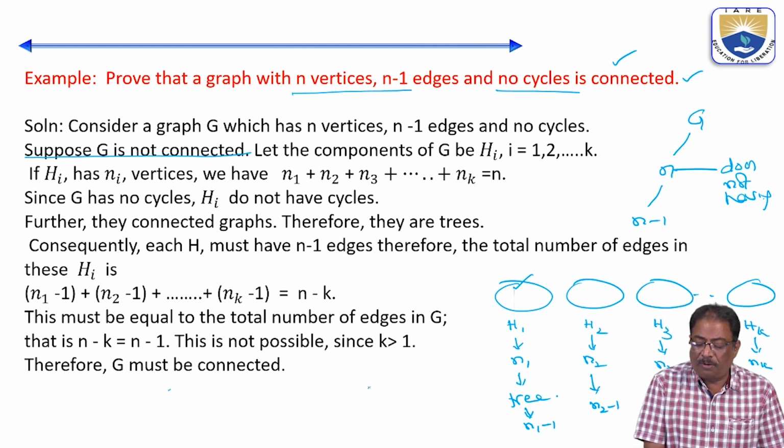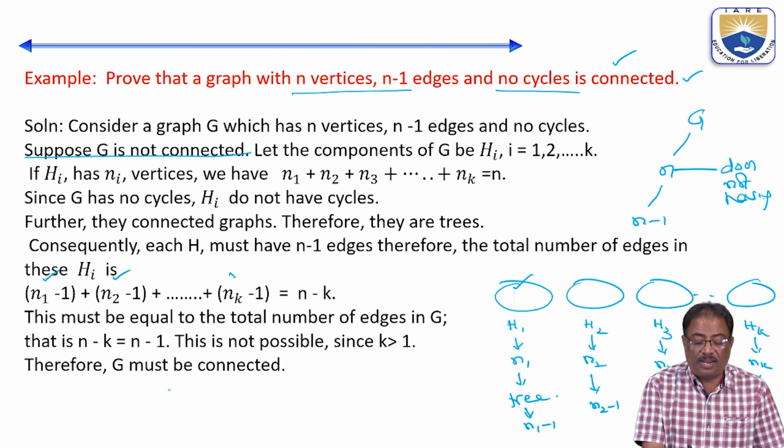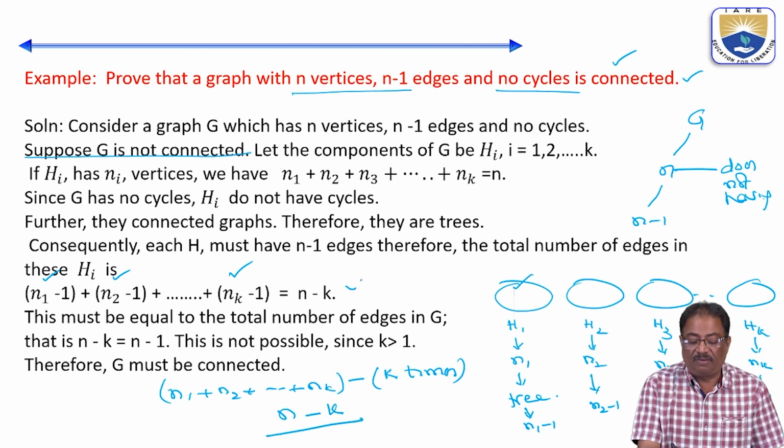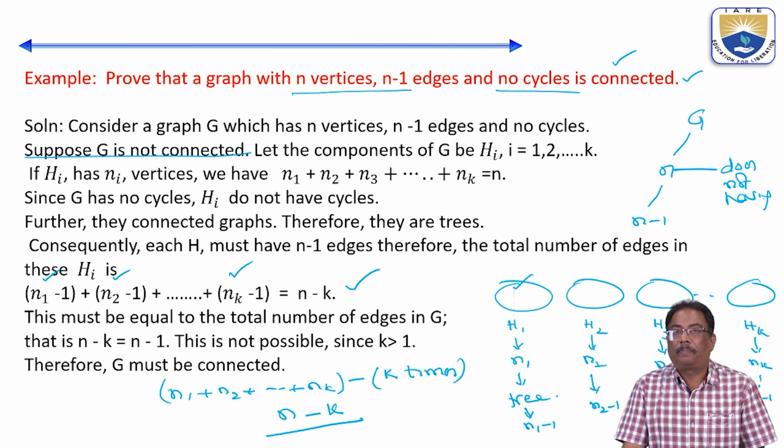N1 minus 1 plus N2 minus 1 and so on plus NK minus 1, which is N1 plus N2 plus and so on plus NK, minus 1 repeated K times. That sum is the total number of vertices, N, and the minus is K. So it becomes N minus K.